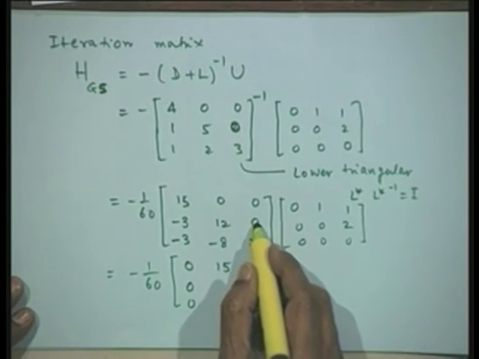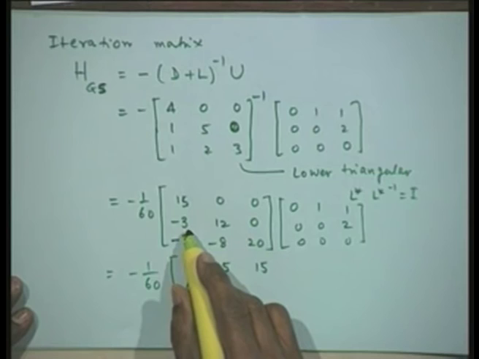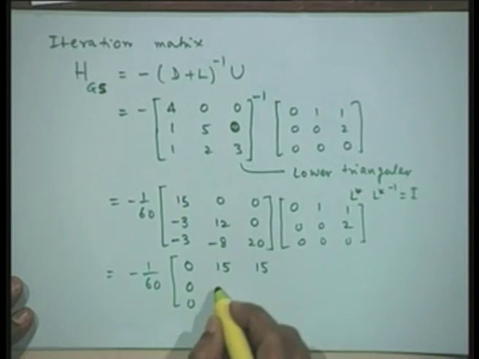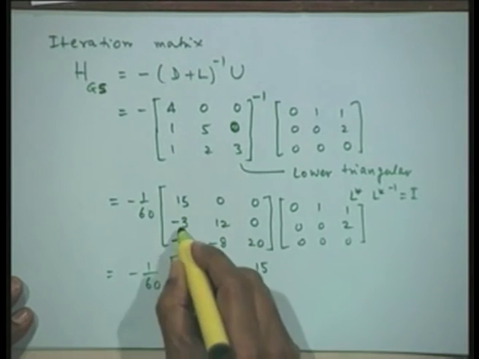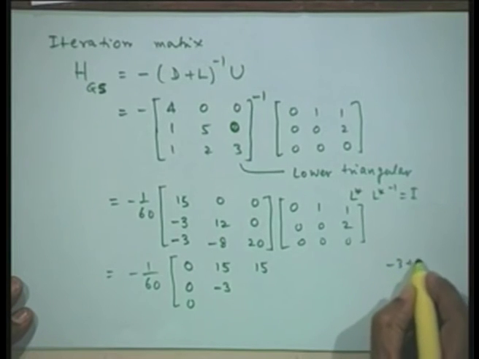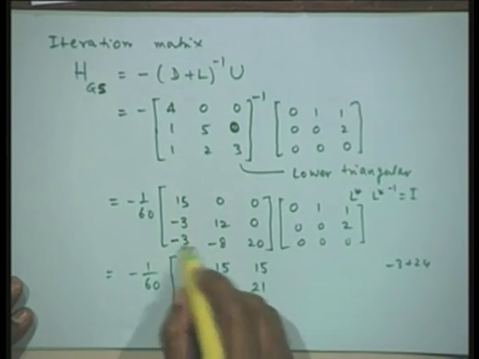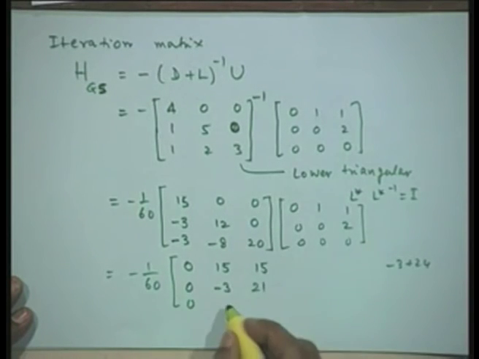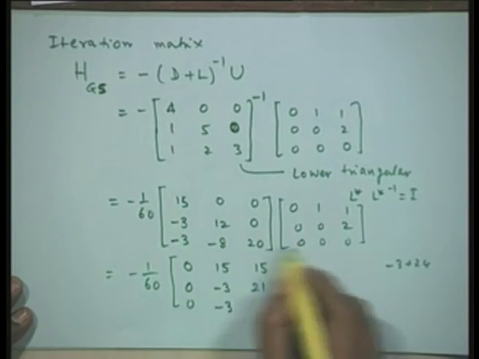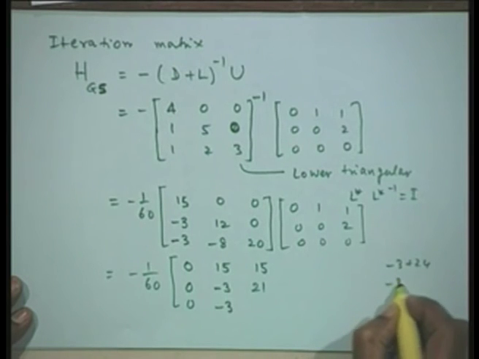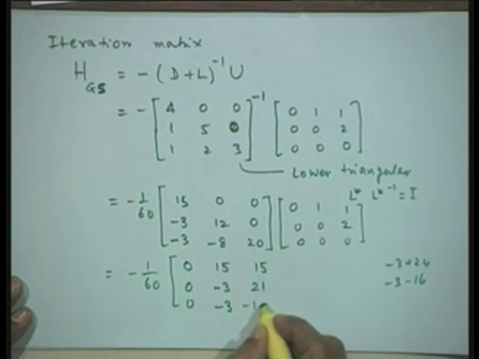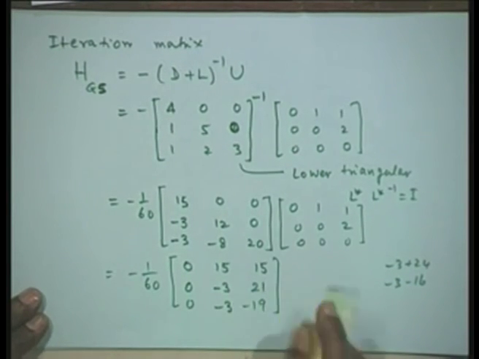Multiply with this, I would get here minus 3, and this is minus 3 plus 24. So I will have here 21. Third row, second column gives again minus 3, and this into this gives you minus 3, minus 16. So I will get here minus 19.